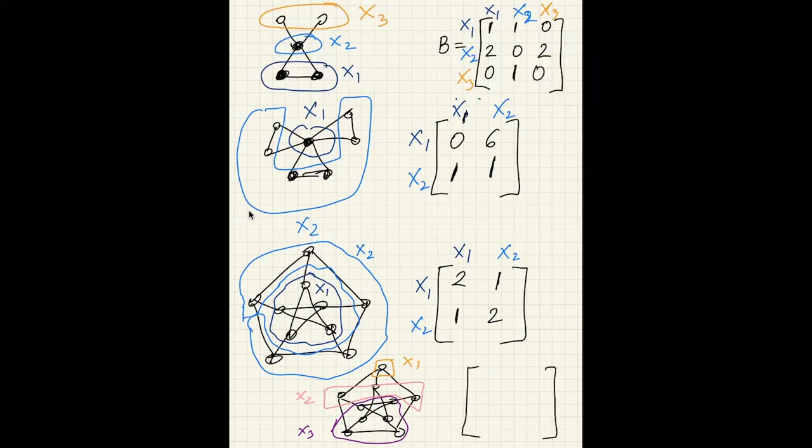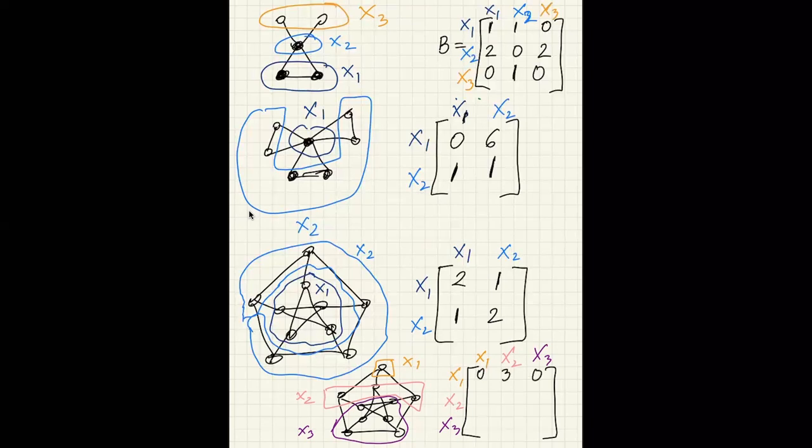And we have here x1, x2, and x3. If we look at the entries, the vertex in x1 has 0 neighbors in x1, exactly 3 neighbors in x2, and 0 in x3.